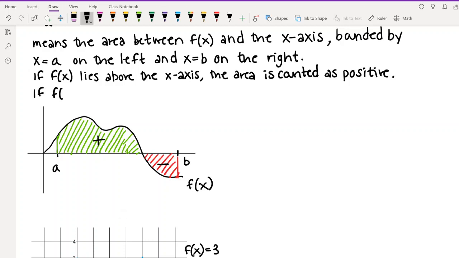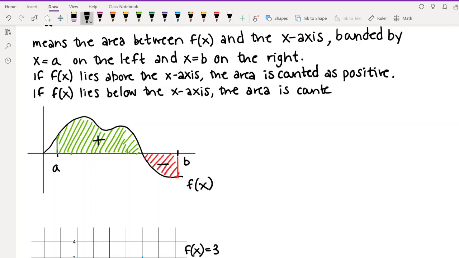If f of x lies below the x-axis, the area is counted as negative.